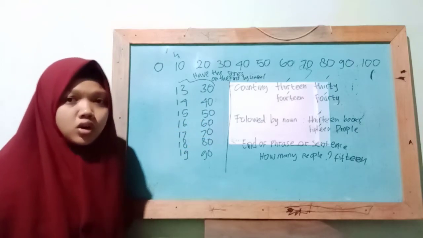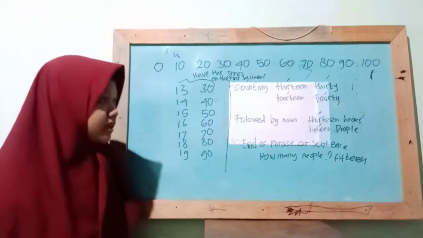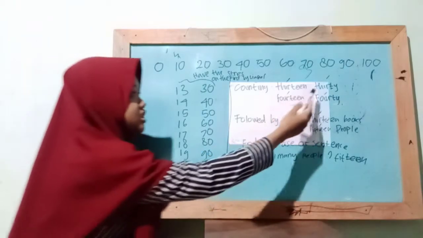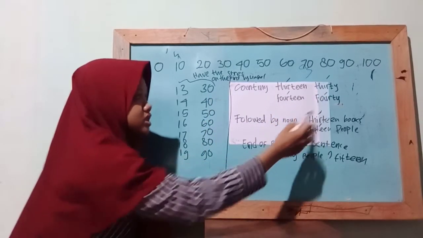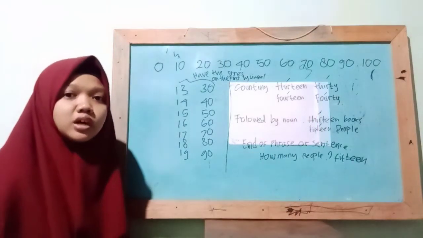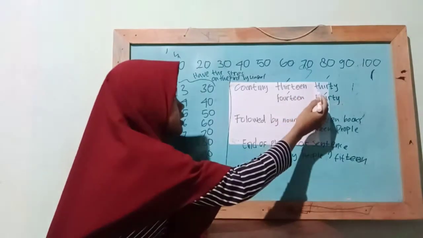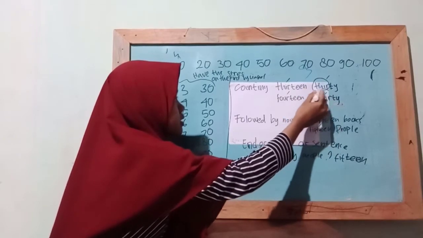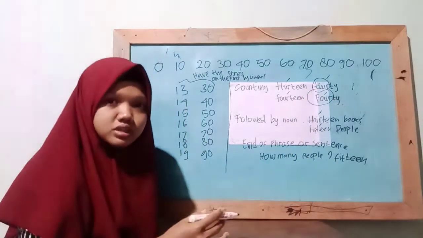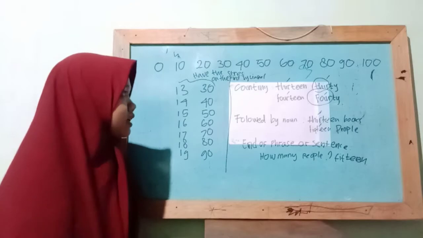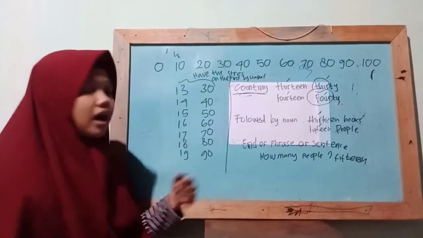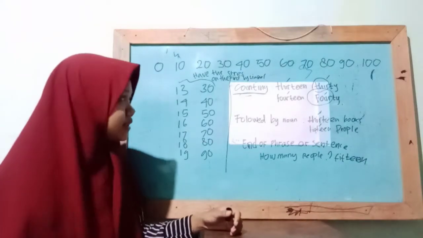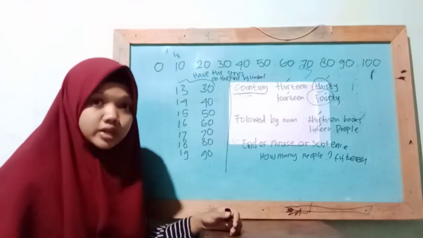stress on the first syllable. For example, 30, 40: the stress is on the first syllable. When I'm counting, I also put the stress on the first syllable.